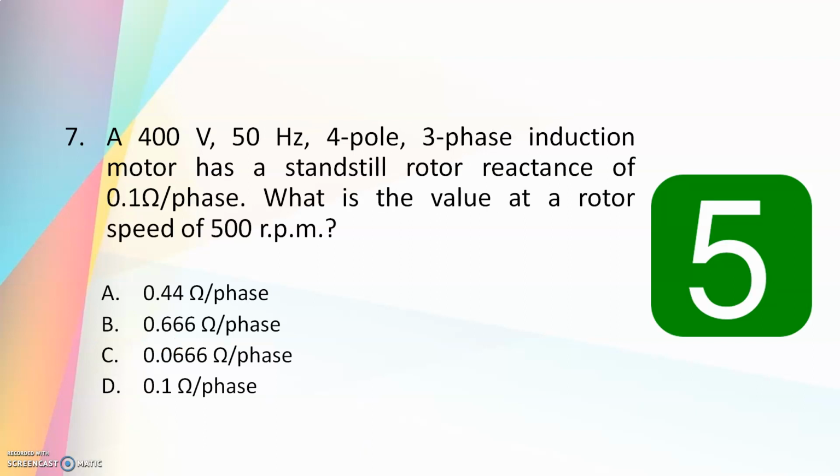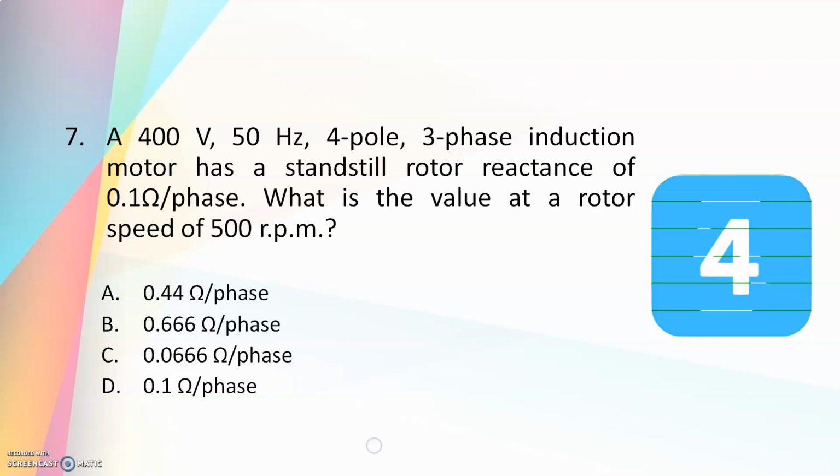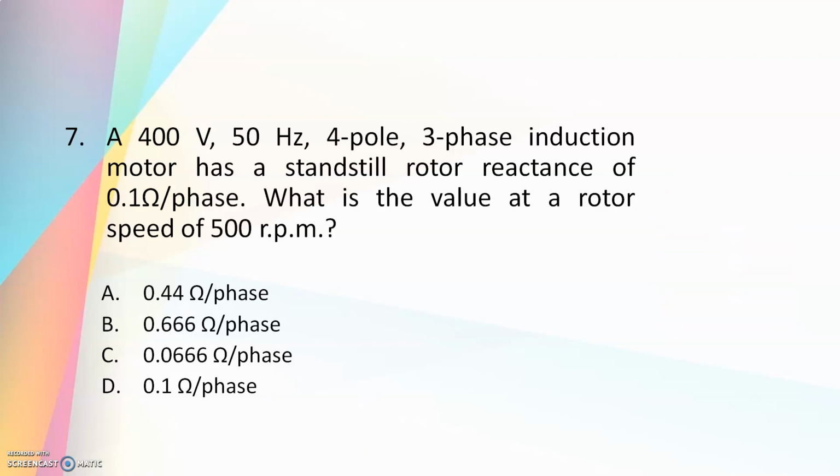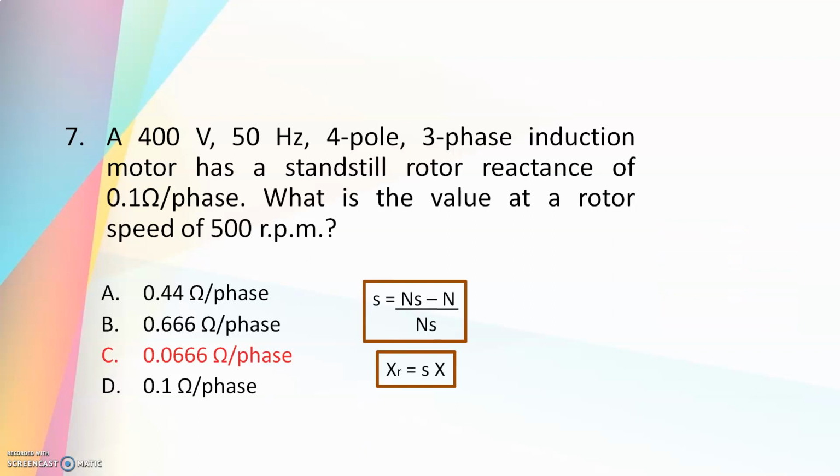Seventh question. A 400 volt 50 Hz 4 pole 3-phase induction motor has a standstill rotor reactance of 0.1 ohm per phase. What is the value at a rotor speed of 500 rpm? 0.44 ohm per phase, 0.666 ohm per phase, 0.0666 ohm per phase, 0.1 ohm per phase. And the answer is 0.0666 ohm per phase.